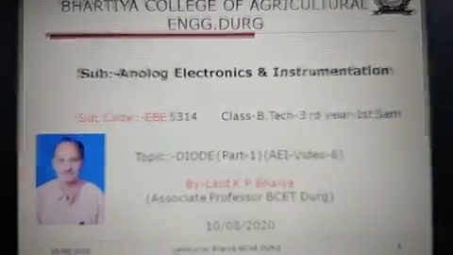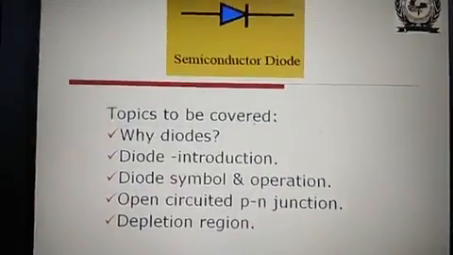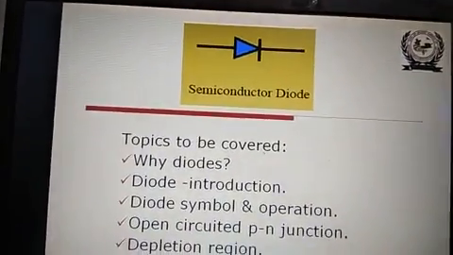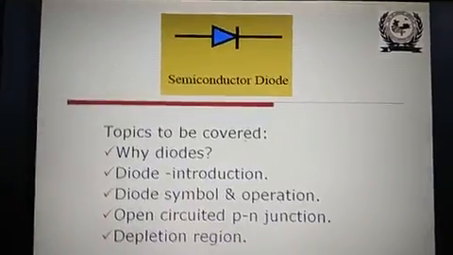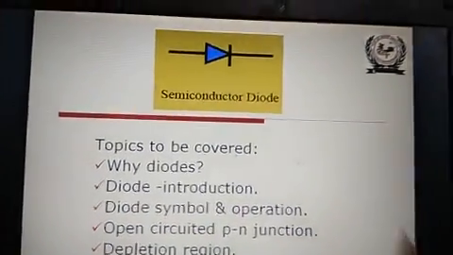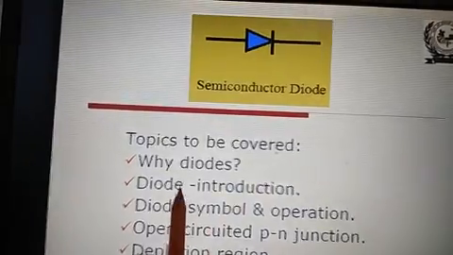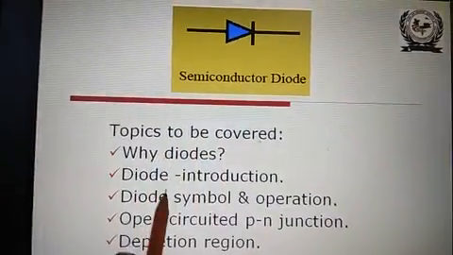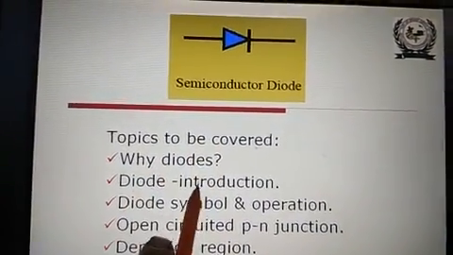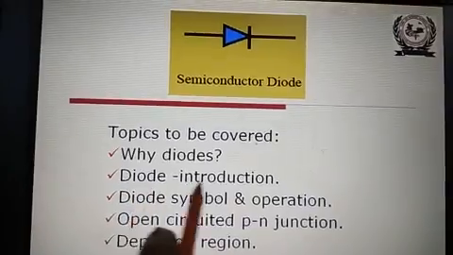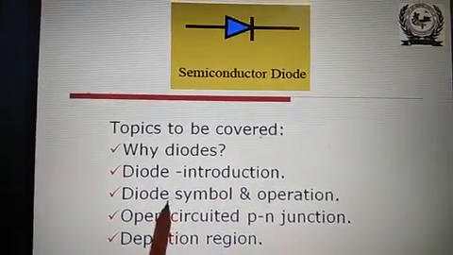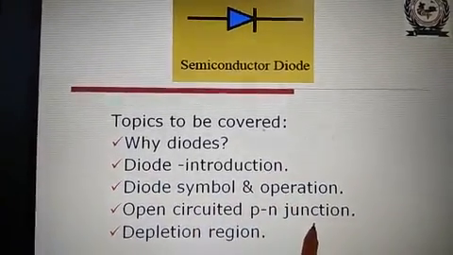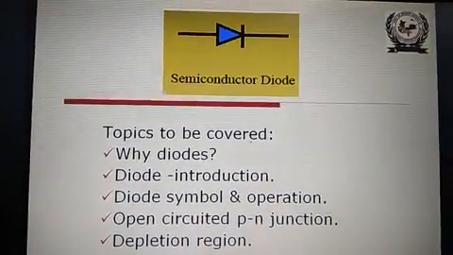The diode. What is a diode? Let us see what is to be covered in this particular topic, that is the semiconductor diode. What we will cover today: what is a diode? Why are diodes required? The introduction about the diode, diode symbol and operation, open circuited PN junction and its depletion region.